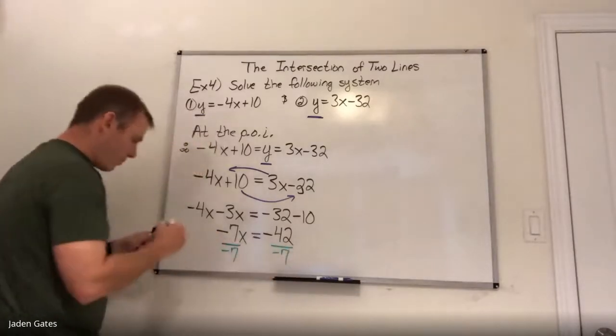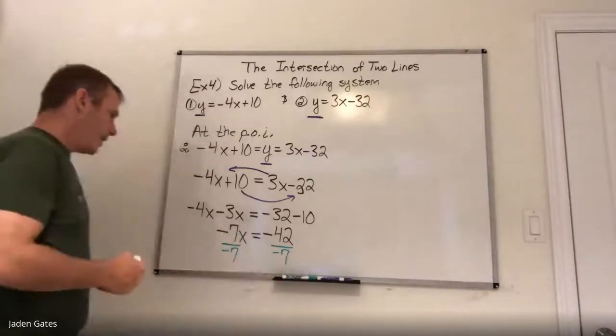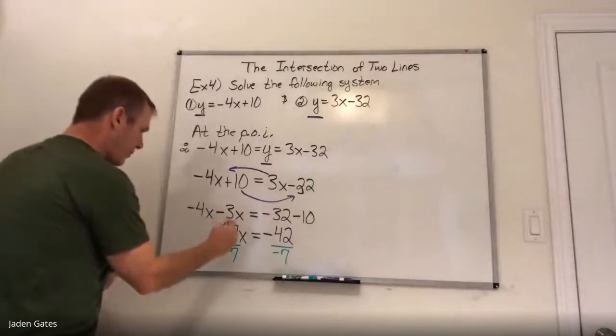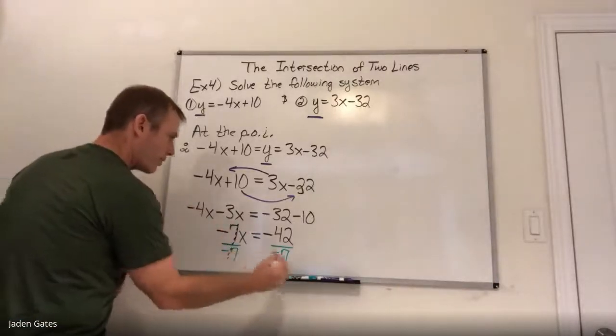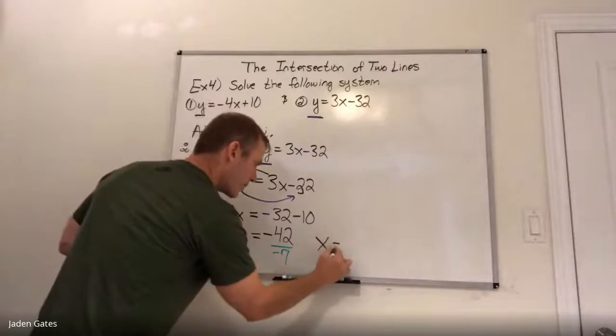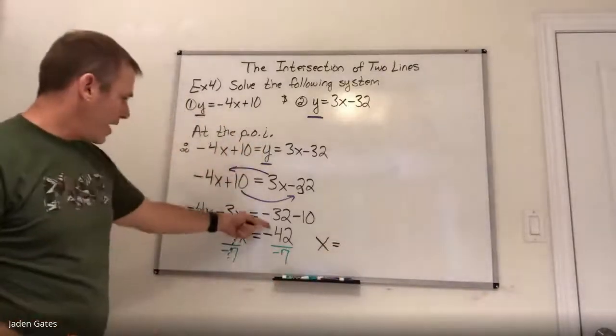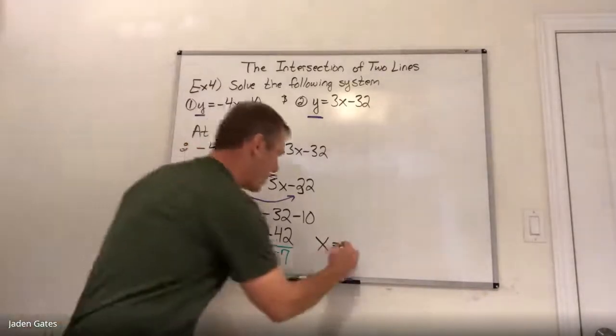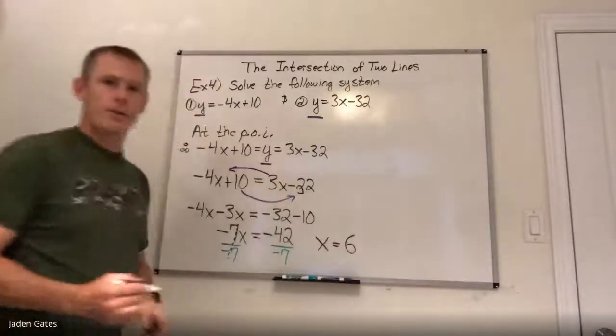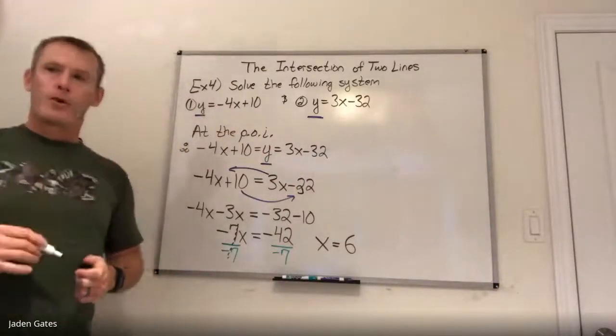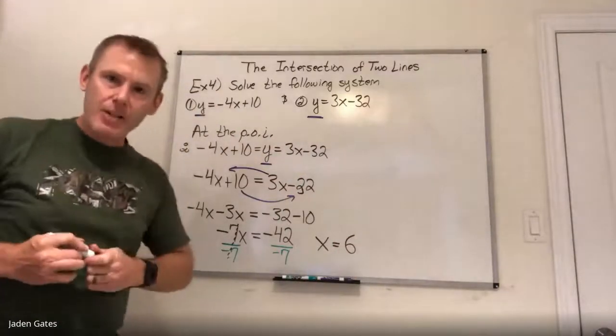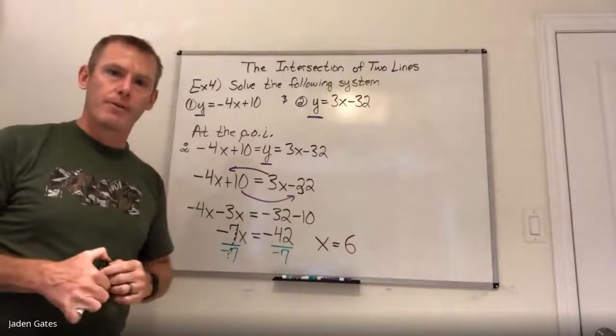Then I can solve for x by dividing by my numerical coefficient, which is the number in front of my variable. These negative 7s divide each other out. And so x is going to equal negative divided by negative, which gives me a positive 6. So here's what we just found out. That is the x-coordinate of the point of intersection.